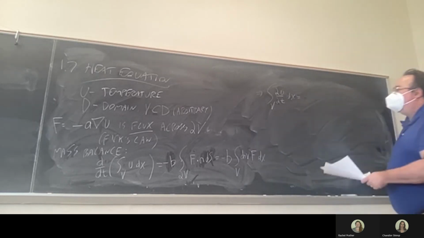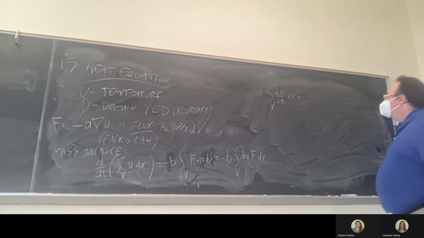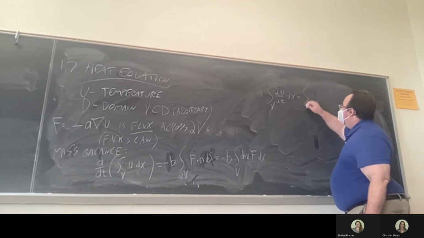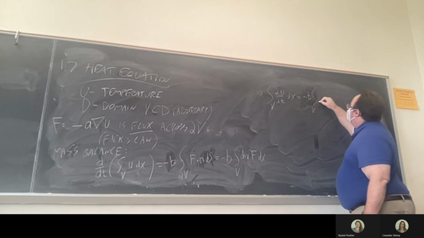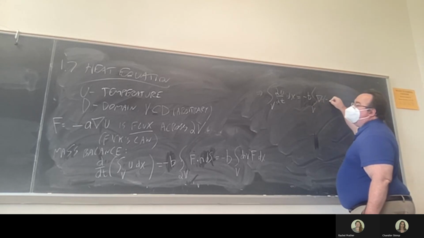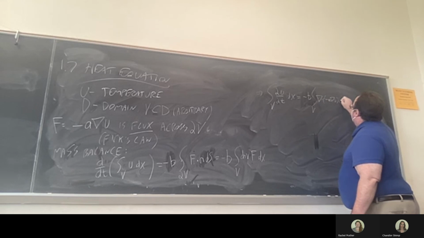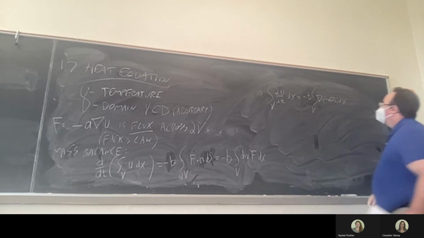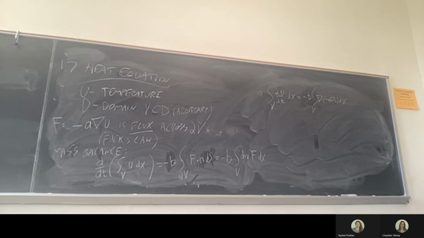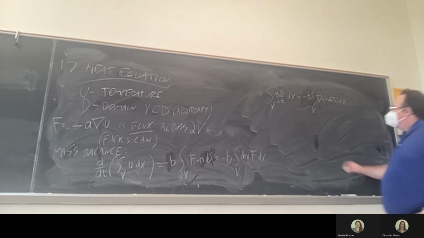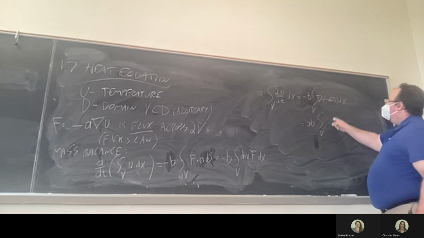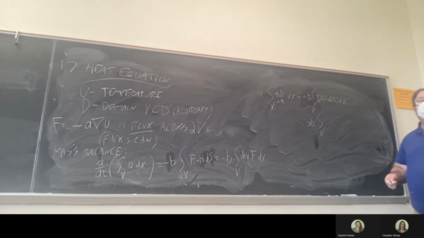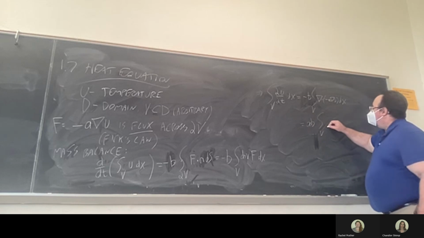So now I substitute my formula for F. So I have divergence of minus a gradient of u. Now, a is a constant, so I'll just pull it out. And then I have the divergence of the gradient. But as I mentioned a little while ago, that's the Laplacian.